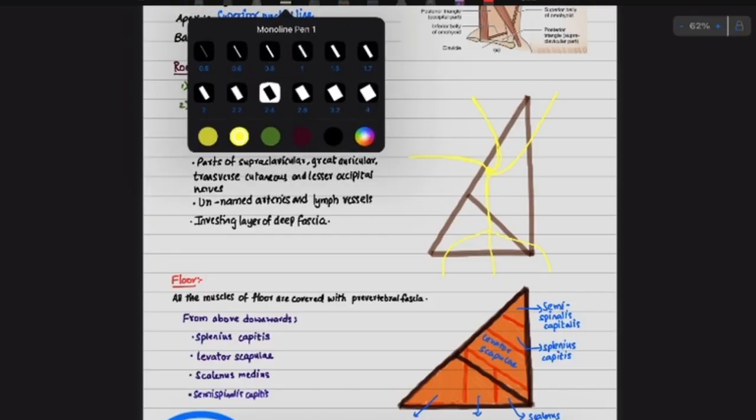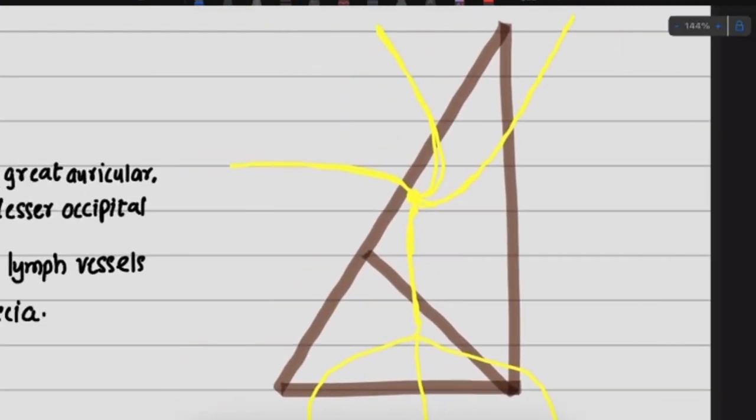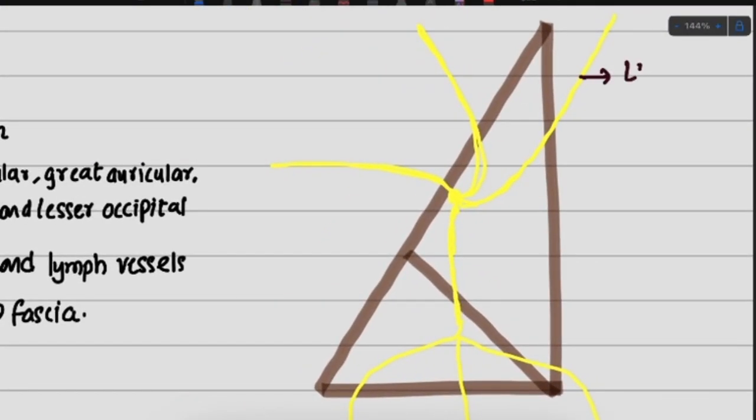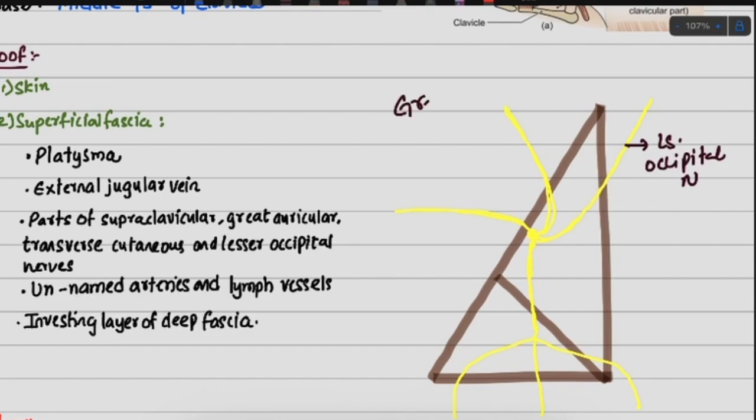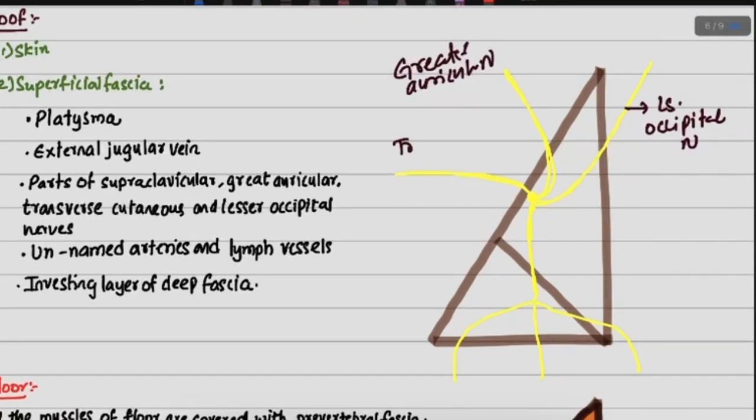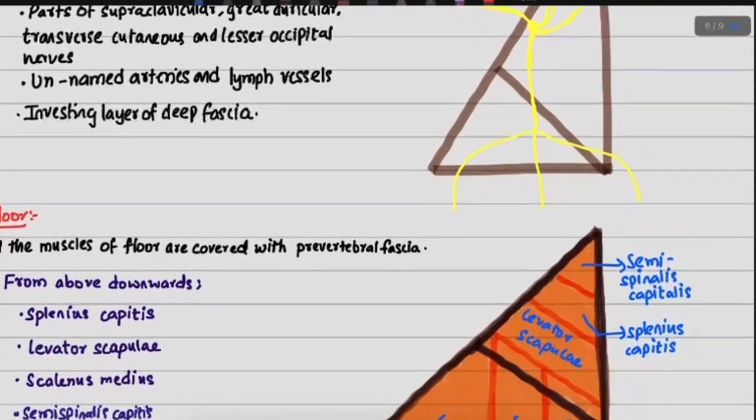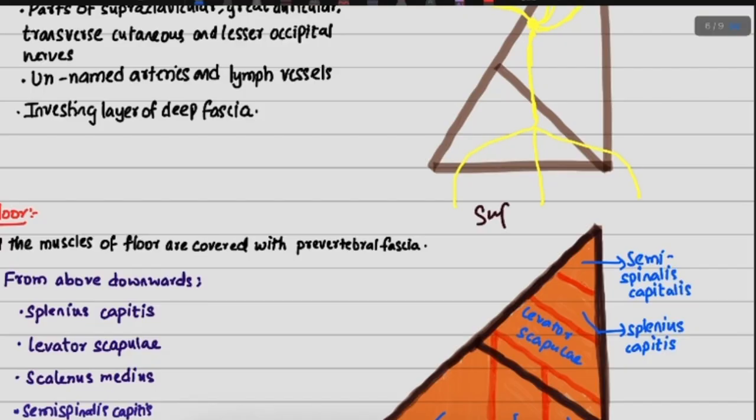So this is the lesser occipital nerve, this is the greater auricular nerve, this is the transverse cutaneous nerve of neck, and these are the supraclavicular nerves.